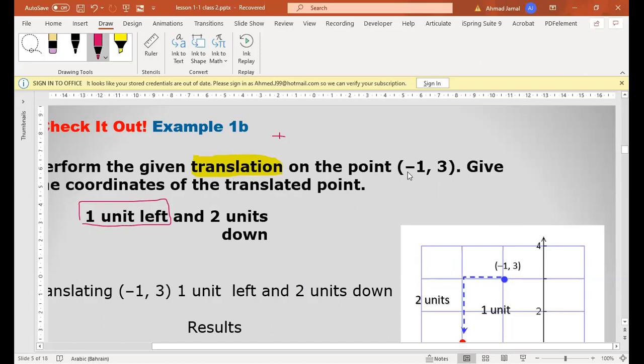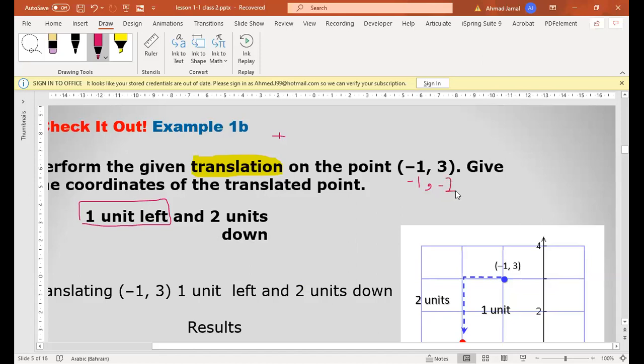In the x-axis. Positive or negative? Negative, because left. So I write negative 1 here, comma. And another change, 2 units down. Down is in which coordinate? In y. Positive or negative? Down, not up, so negative 2.